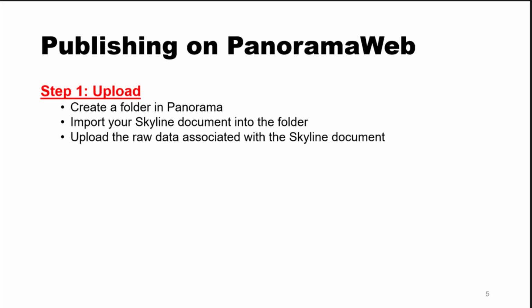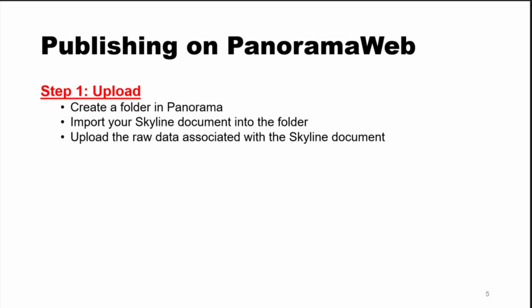So I hopefully have sold you now on this idea of PanoramaWeb. How exactly do you do it? The first step is to make a folder in Panorama, and I believe Nat is the guy that would help you set up an account and everything with Panorama. So spam his inbox with requests. You would set up your Skyline document, using Skyline just like we've been teaching you in the course.